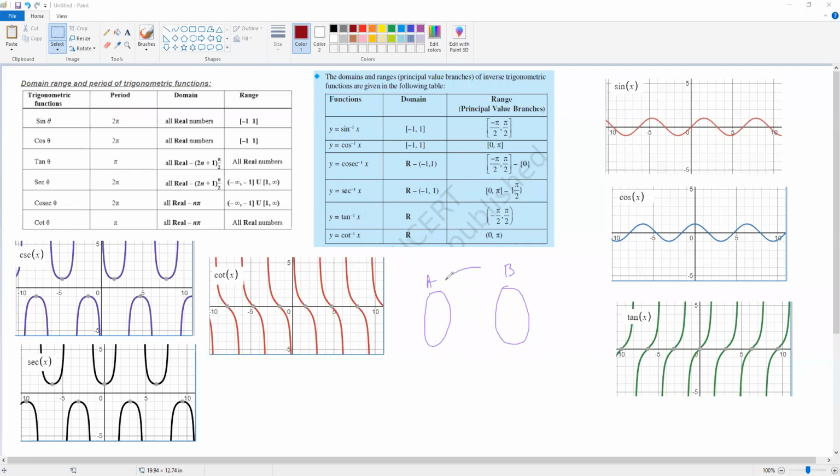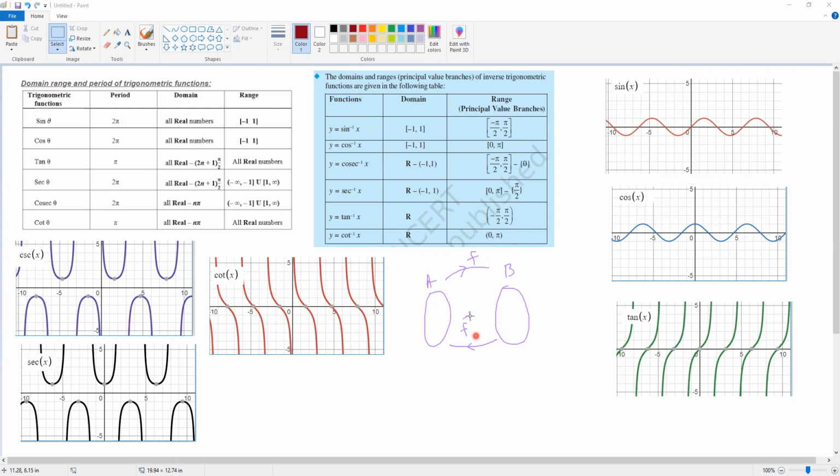Suppose your function is from A to B. So the inverse f inverse will be from B to A, isn't it? We are finding the pre-image of the image. So if a function is from A to B, then the inverse is from B to A.